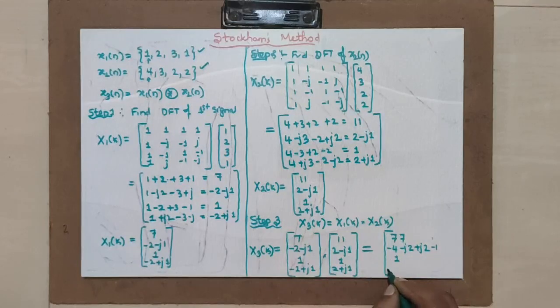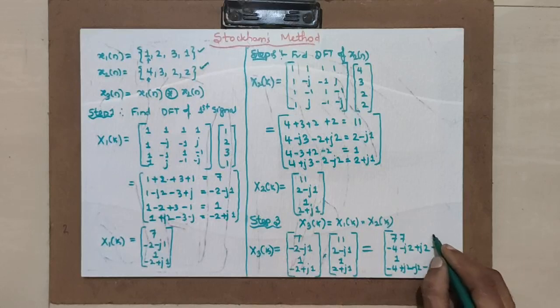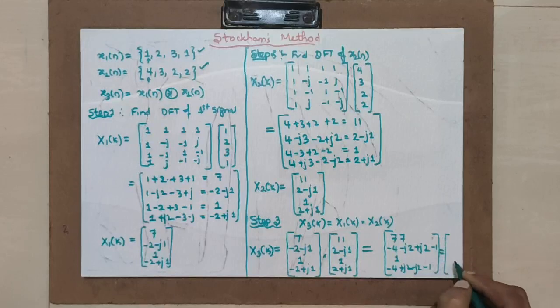Then here minus 4 plus j2 minus j2 plus j square 1, plus j square 1 means minus 1. My answer has come out to be 77. j2 cancels here, minus j2 and plus j2, giving you minus 5, 1, minus 5. Okay, step 3 is completed.